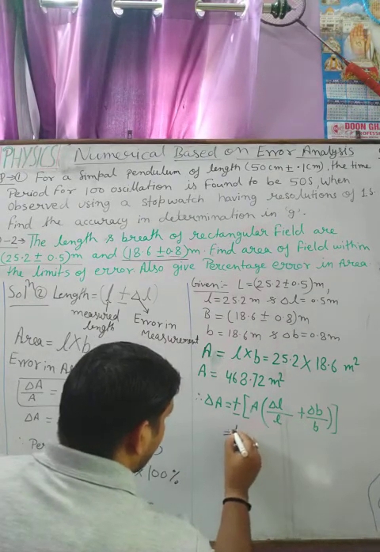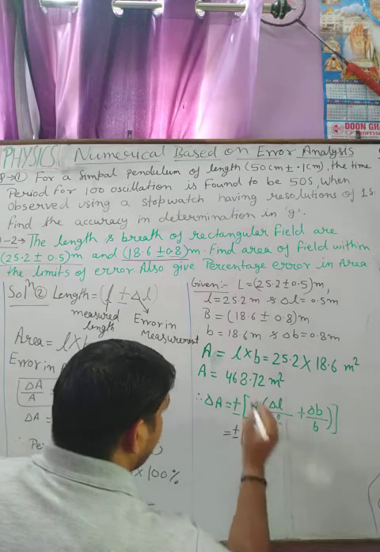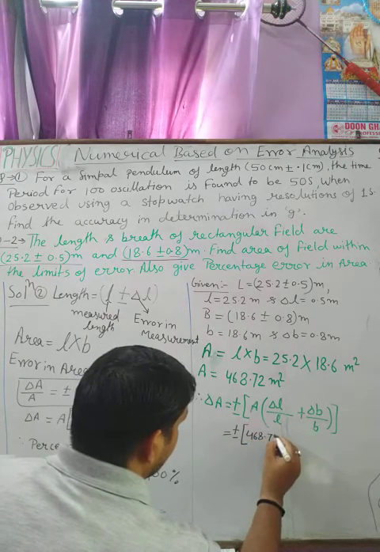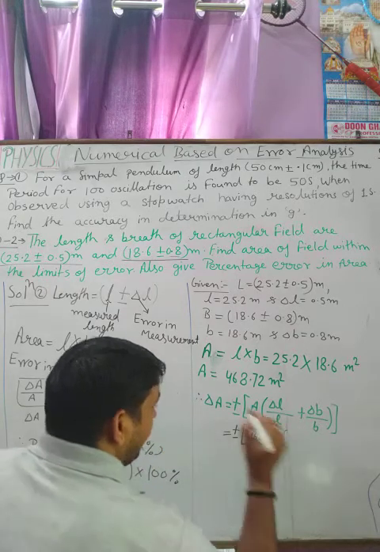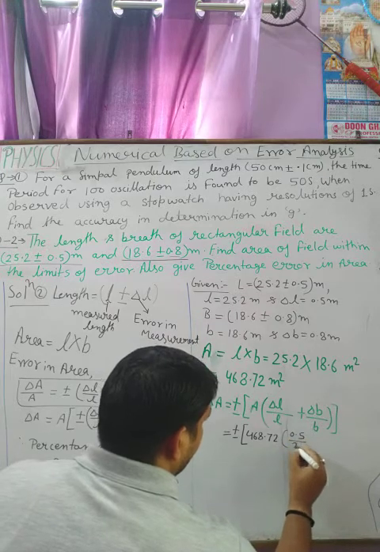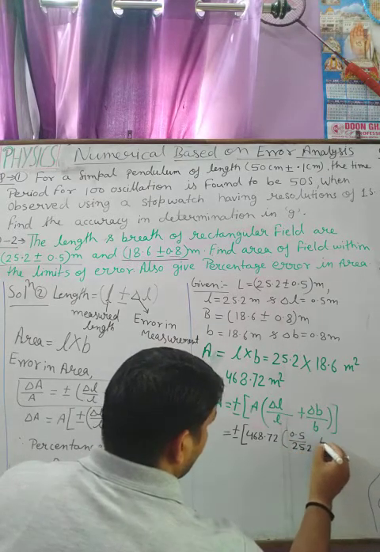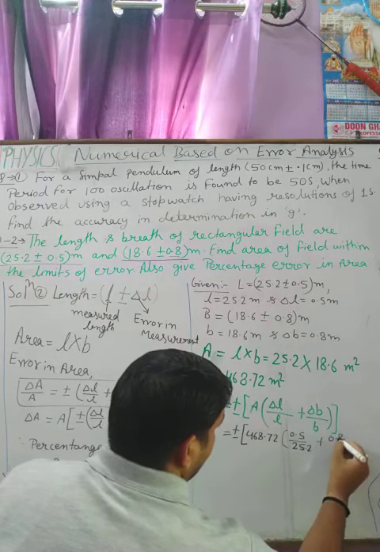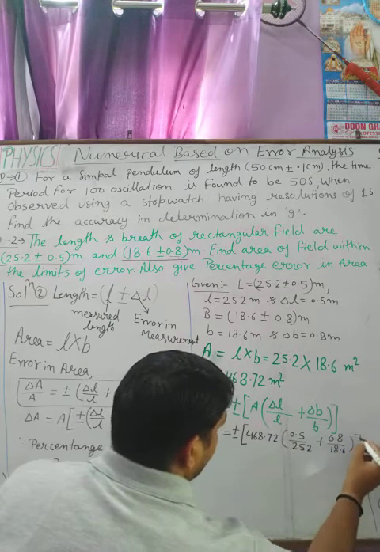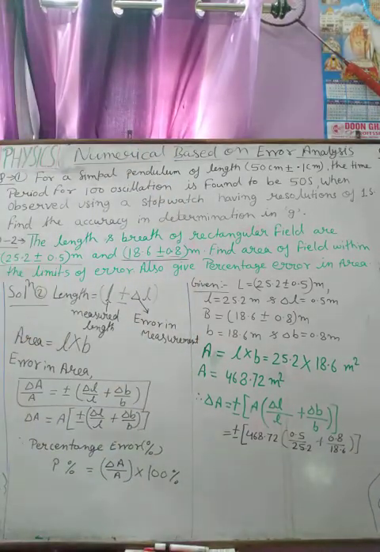So we get ±, this A is 468.72, and inside the bracket this is 0.5 upon 25.2 plus 0.8 upon 18.6. Okay, now we solve it.